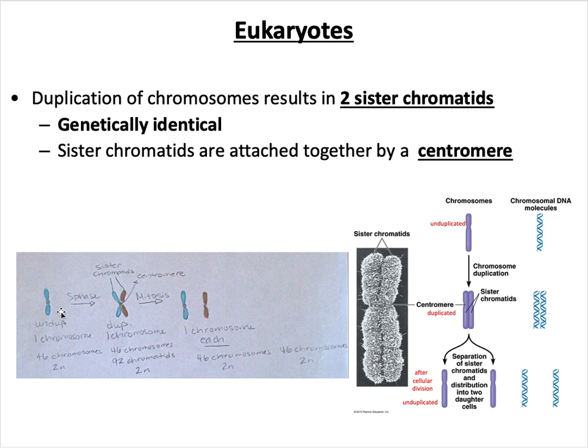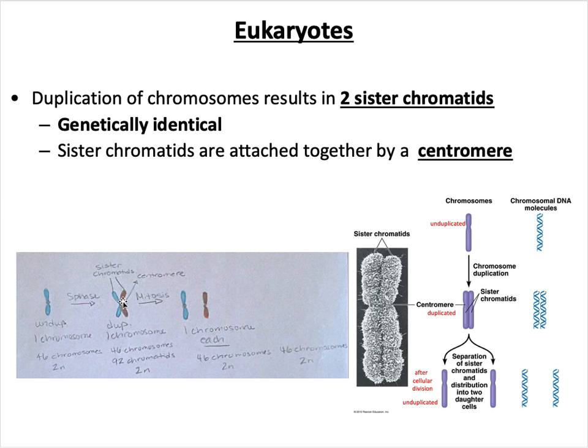And then we go through a phase called synthesis phase or S phase. And then this is just the DNA replicating. So that means that this chromosome will be replicated, and then here is the copy of it. So this X represents a duplicated chromosome.